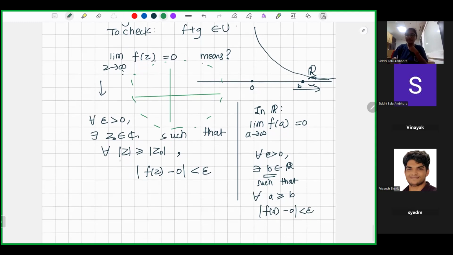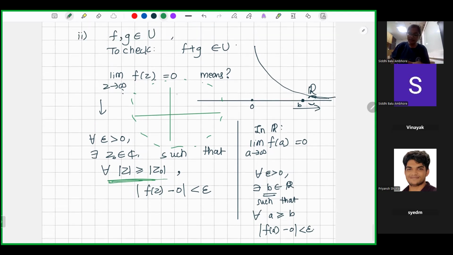When I write that mod z must be greater than or equal to mod z naught, it means that there is a circle. Suppose this is my modulus z naught here. Any point I take outside this circle, f of z will be as close to 0 as your epsilon was.